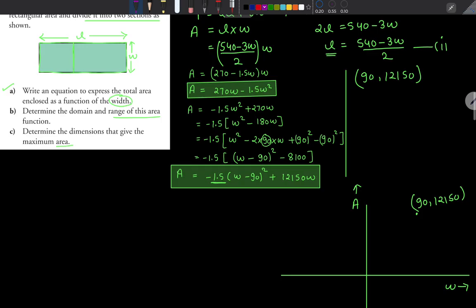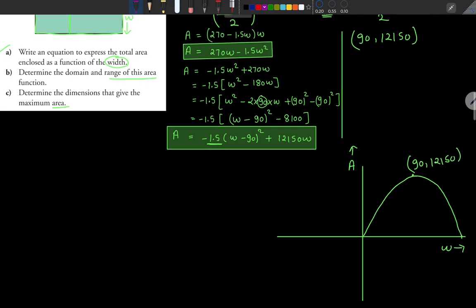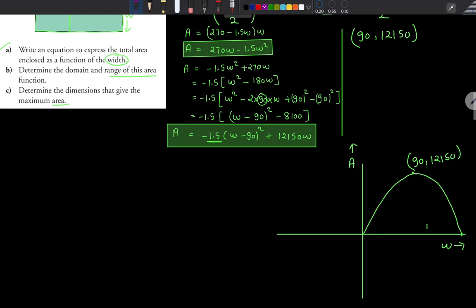This 90 will lie in the middle, and the function will be symmetric on both sides, so it will cut the W axis at 180. So this point B is 180, this point is O, and this is A.